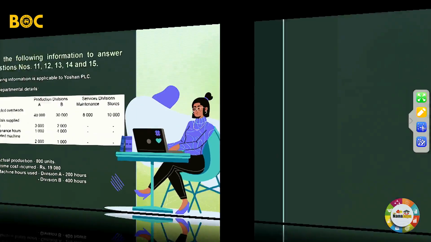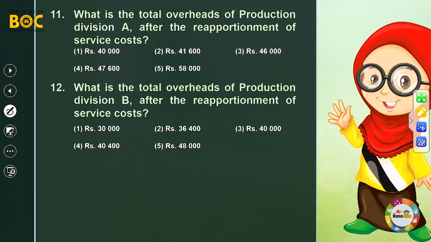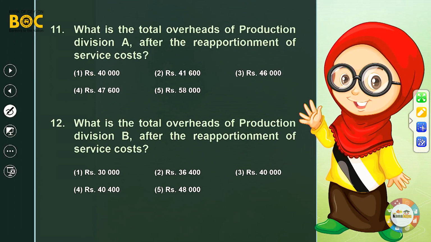The requirements. What is the total overheads of production department A after reapportionment of service cost?